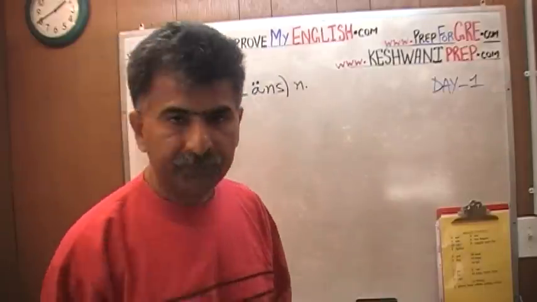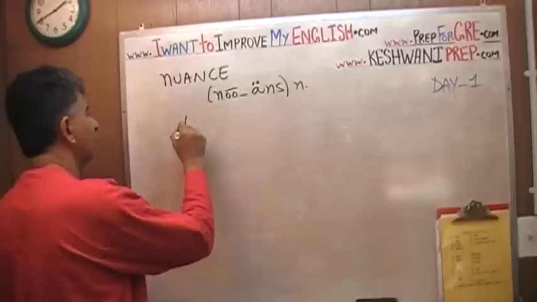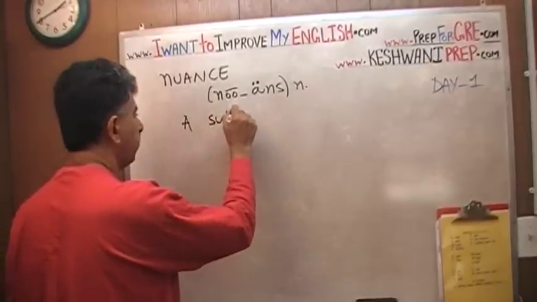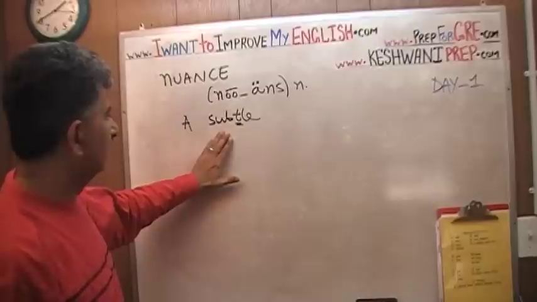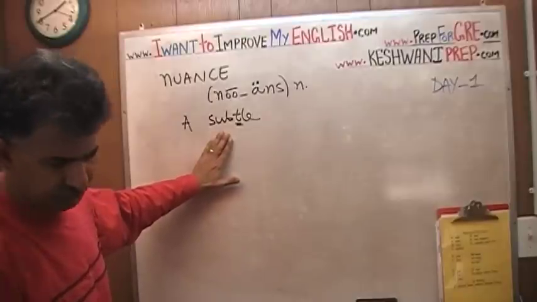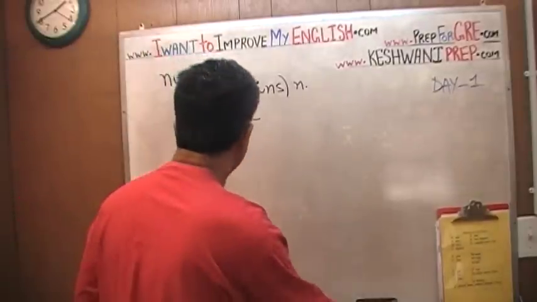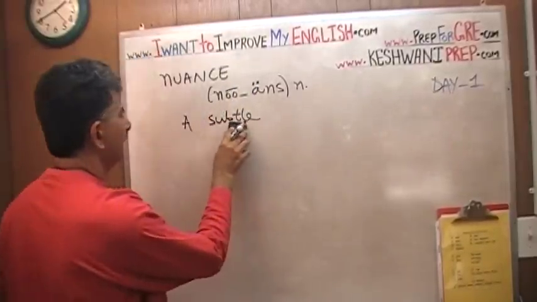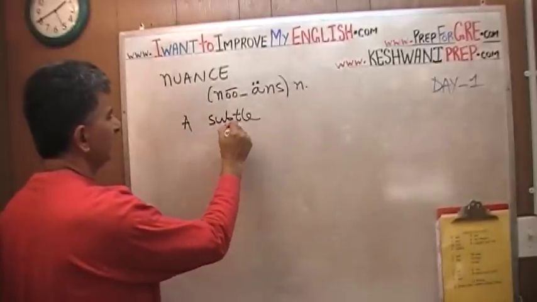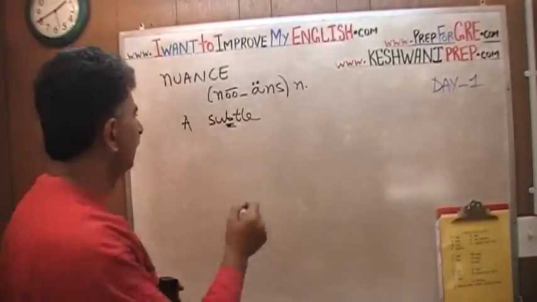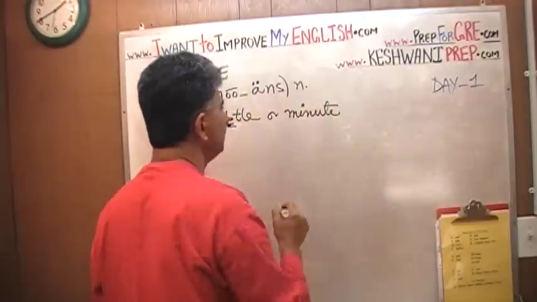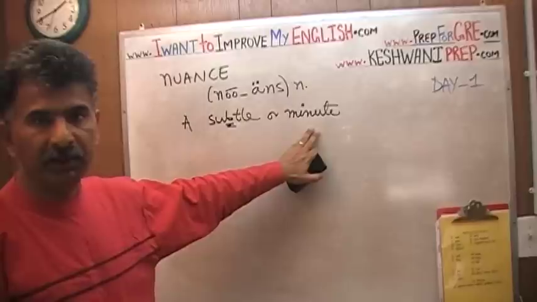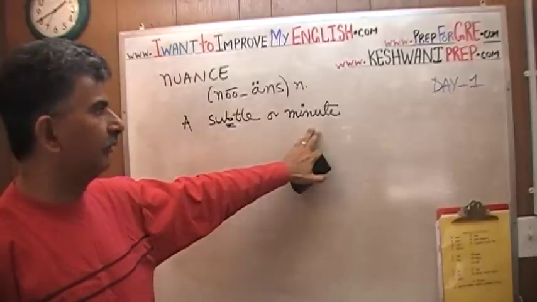Nuance. What does it mean? It means subtle. Subtle has a silent B in it. Not a T, what I meant to say was a B in it. Subtle is S-U-B-T-L-E. It has a silent B in it. A subtle or minute, which is the same spelling as minute, but here in this instance we'll pronounce it as minute.